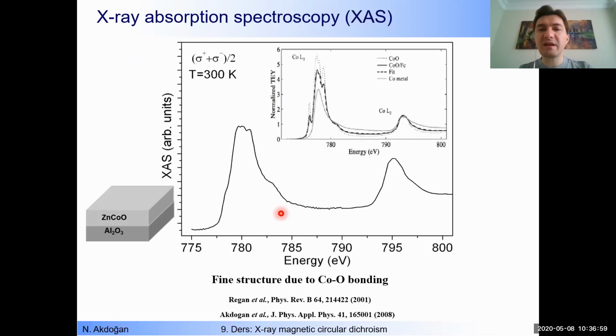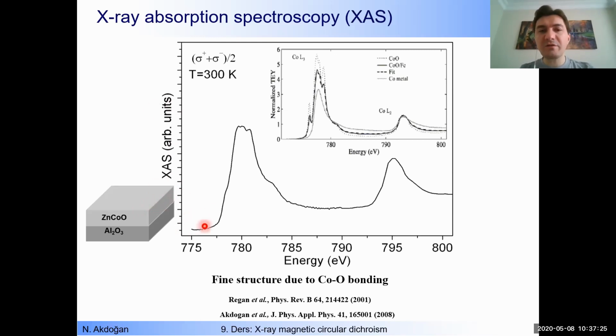During that measurement, to record that signal, we have used the TAY method, the total electron yield method. So you send X-ray to the material, and then photoelectrons and Auger electrons are produced everywhere. And I put a contact on the surface, and then I measure the current. Okay, this is total electron yield on the left side.